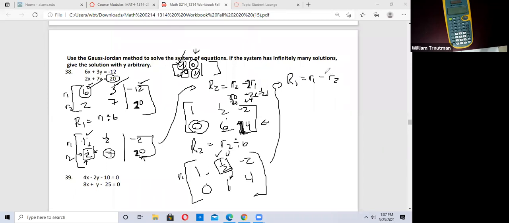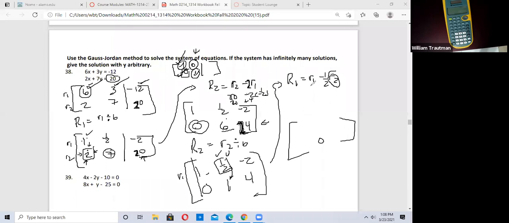So 1/2 minus 1/2 times 1. R1 is 1/2 and R2 is a 1. When I put this in my calculator, I get 0 for that second spot. Let's do up here. I'm going to start with the first column.